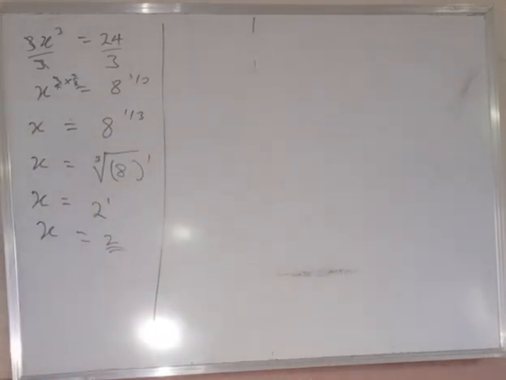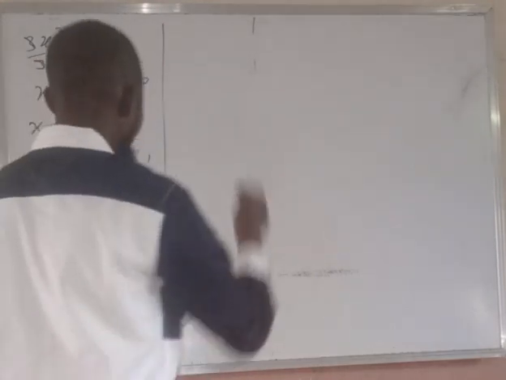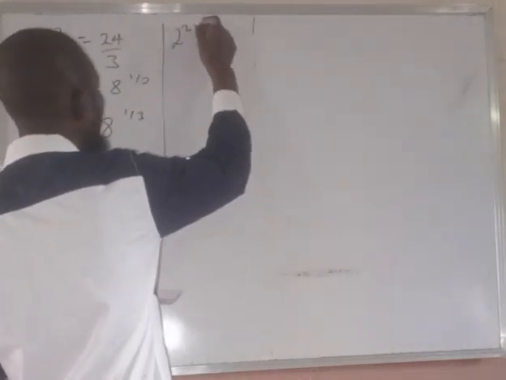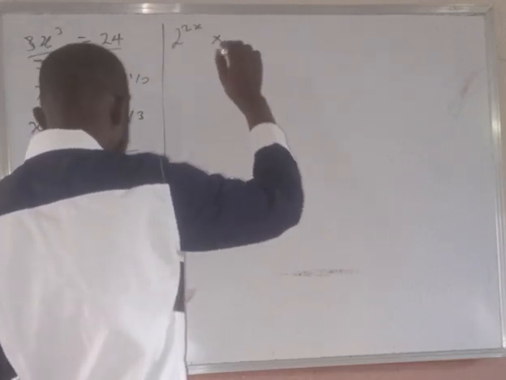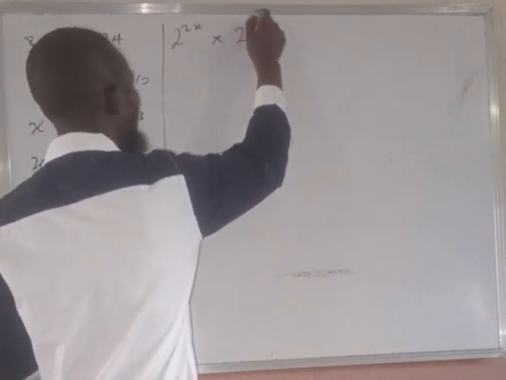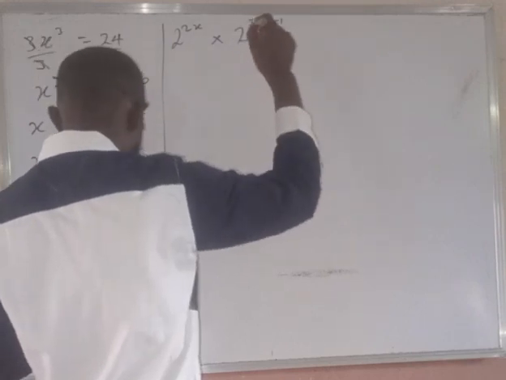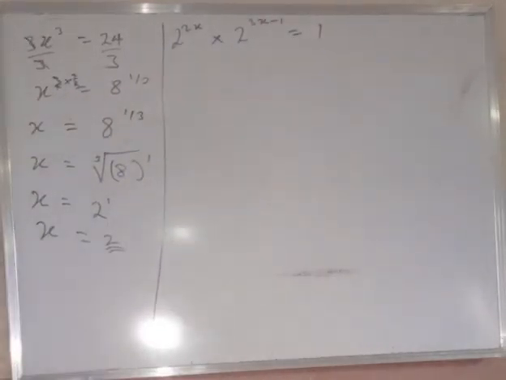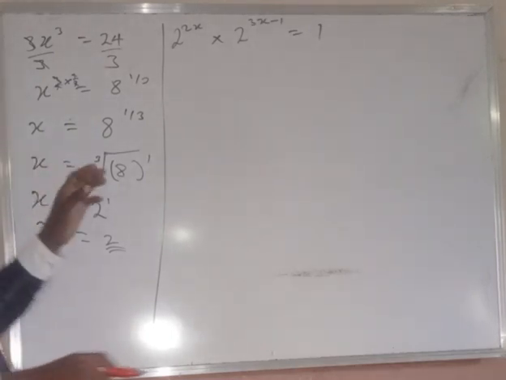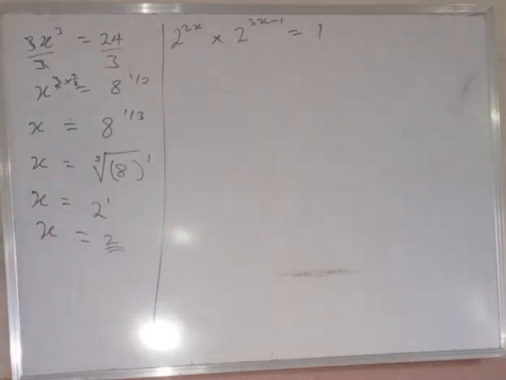The next number is this. 2 raised to power 2x multiplied by 2 raised to power 3x minus 1 is equal to 1. I want you guys to realize one thing. There are some differences between what we are doing today and that of yesterday. Do you know why?